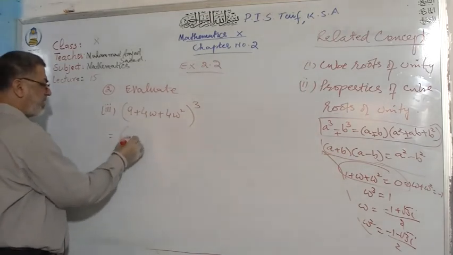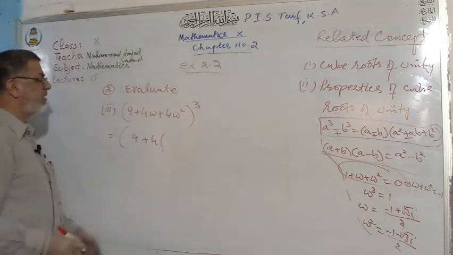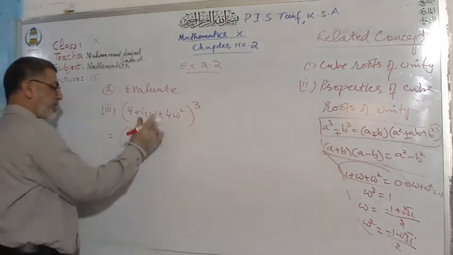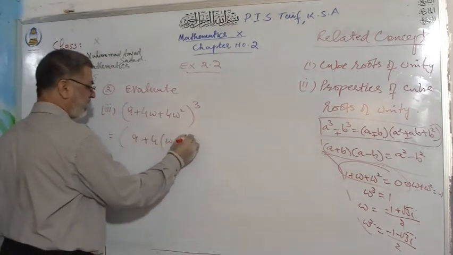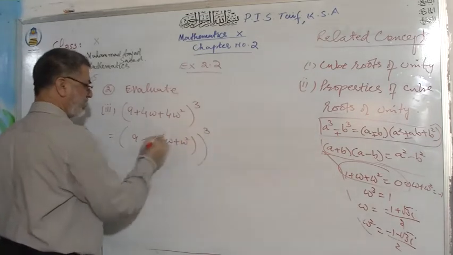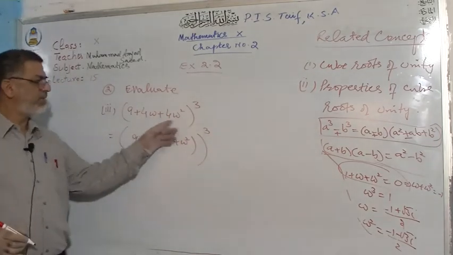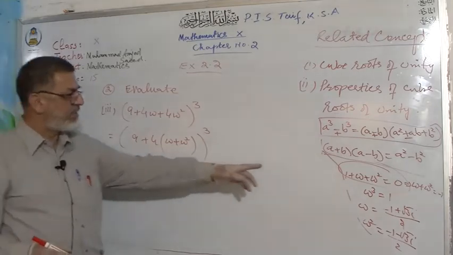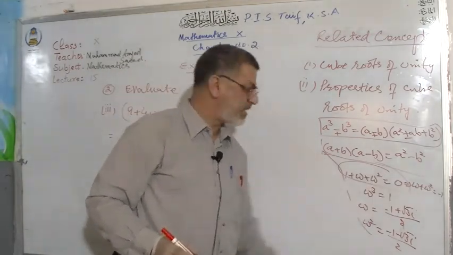Now remember that from here you will take 4 common from last 2 terms. Inside this will be omega plus omega square, and omega plus omega square value is minus 1.